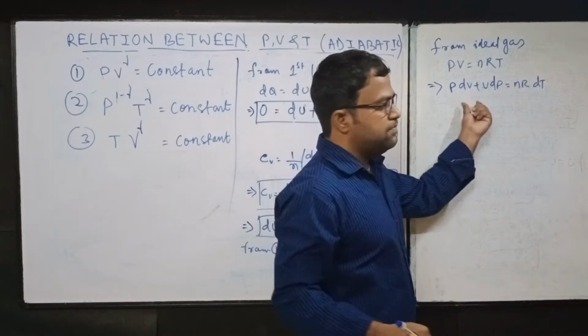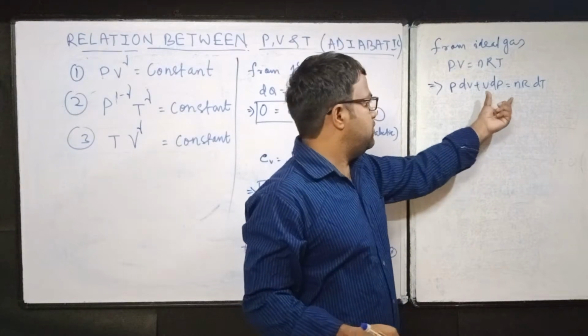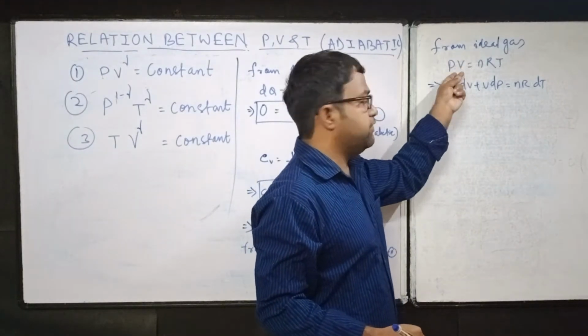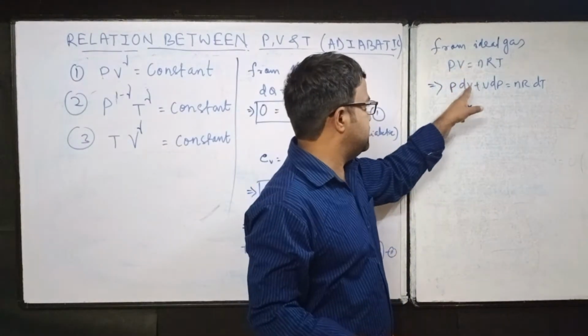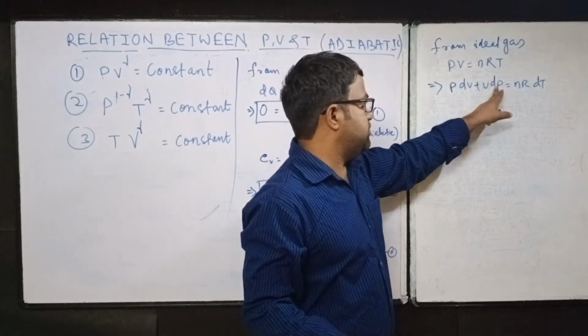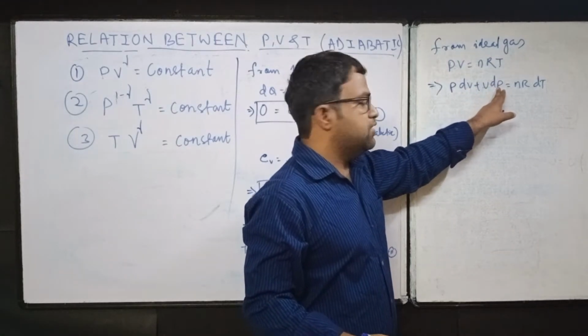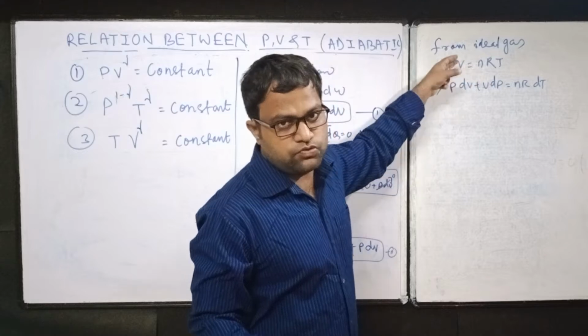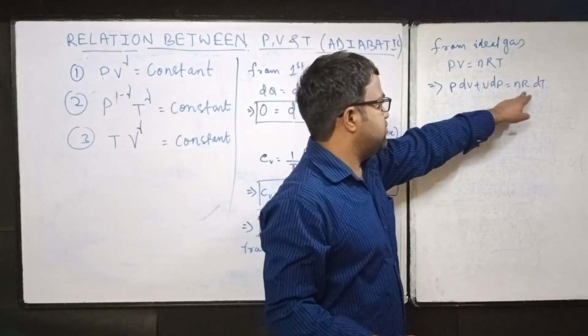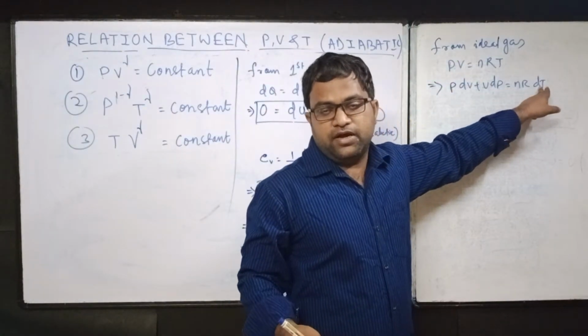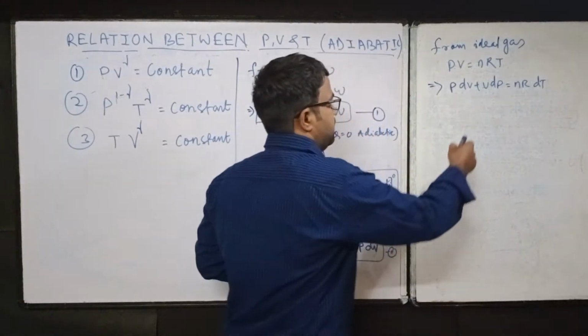So we can write PdV plus VdP equals nRdT, because we are differentiating PV using the product rule of differentiation, and nR is a constant, so only dT appears. Fine.